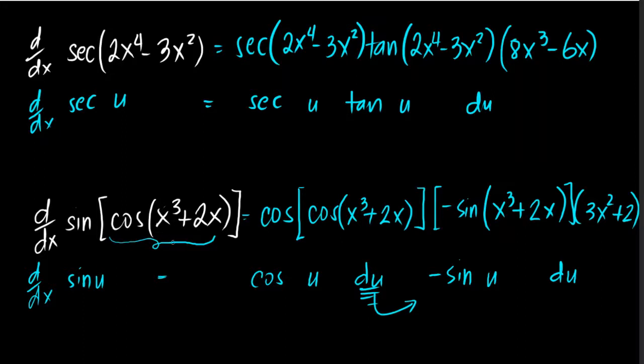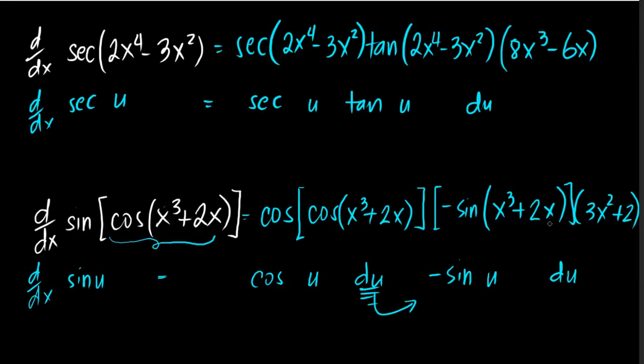Sine u, this whole function is u. The derivative of sine u is cosine u du. So cosine, copy cosine x cubed plus 2x. When we derive u, the derivative of cosine is negative sine x cubed plus 2x du.